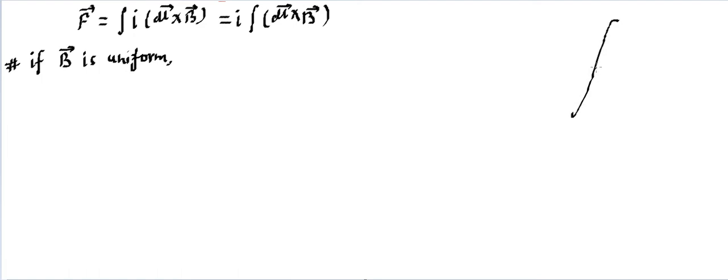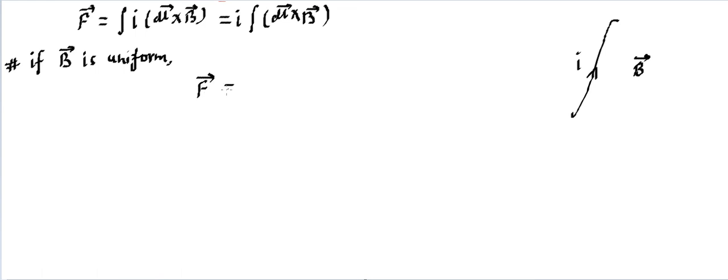So let's say this was the wire having current I, and the magnetic field was applied in any direction, but that is uniform. Since it is uniform, no matter where we take the element, B will remain the same. That means B does not change with respect to location. So B is independent of dL, and if it is independent of dL, then we can take that outside of the integration. Then the formula becomes quite simple.